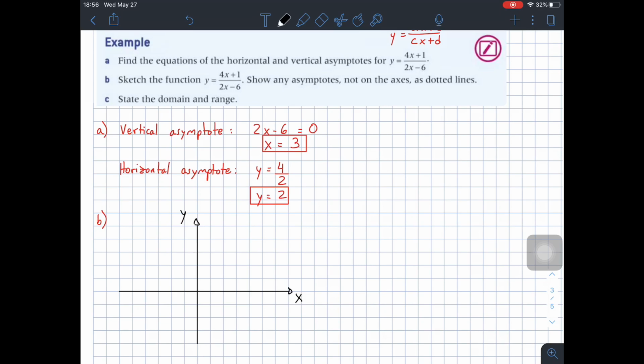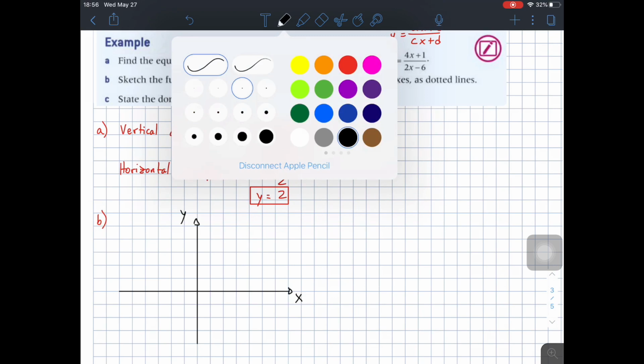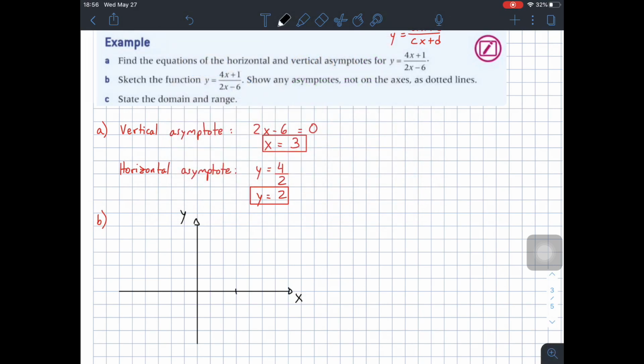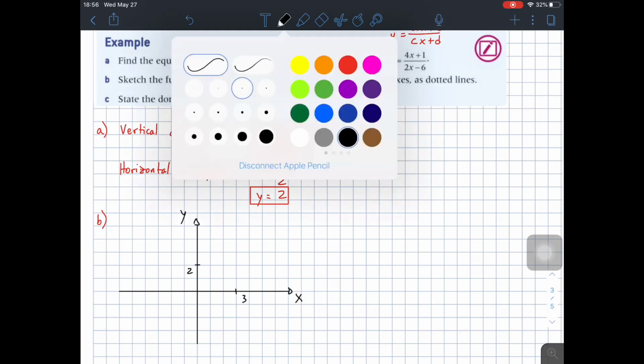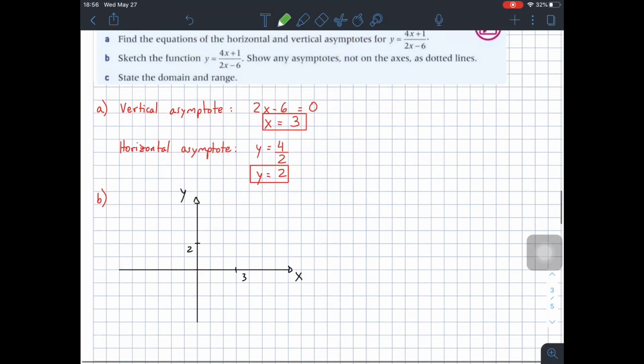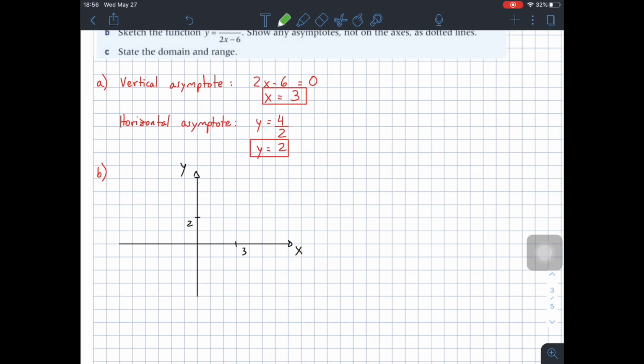We already know the asymptotes. We know that the vertical asymptote is at x equals 3, so I'm going to write x equals 3 here. And the horizontal asymptote is y equals 2, that's around here. With dotted lines, I'm going to do it with green. I'm going to mark the vertical asymptote, and at y equals 2, we're going to mark the horizontal asymptote.